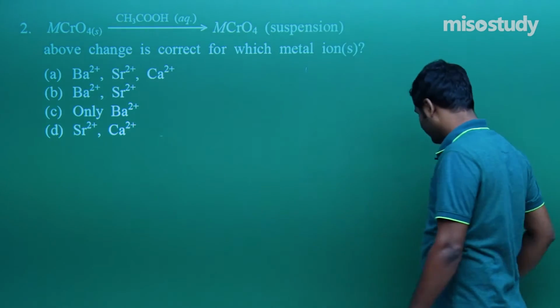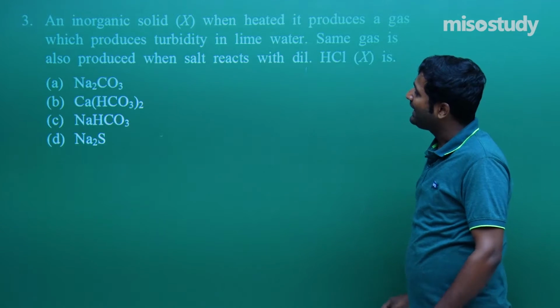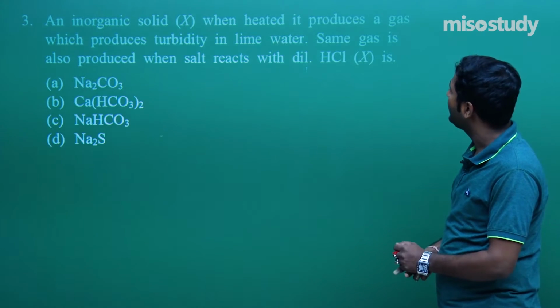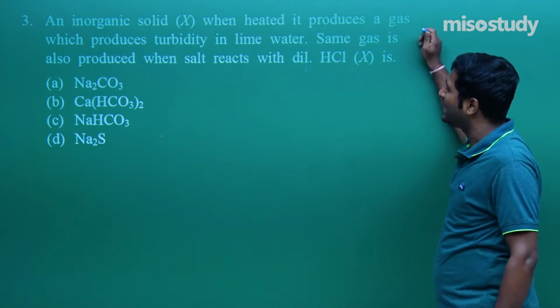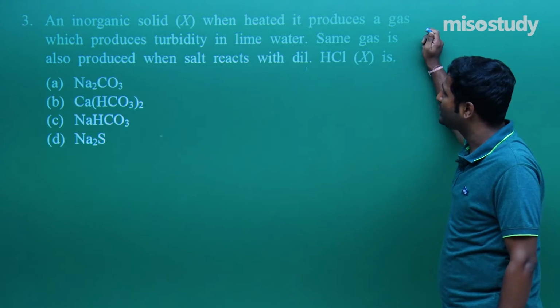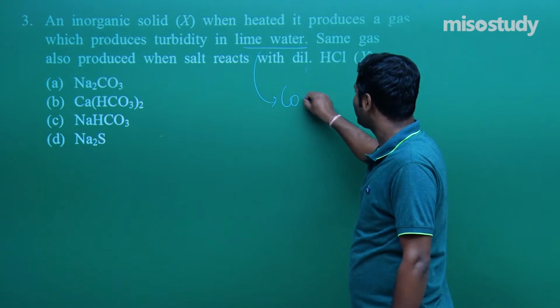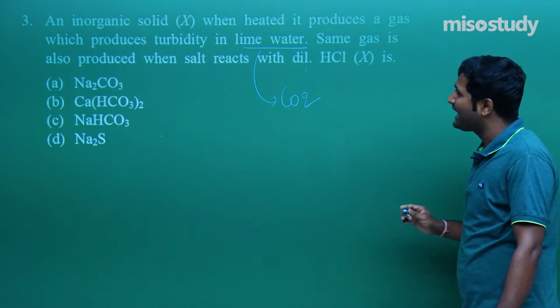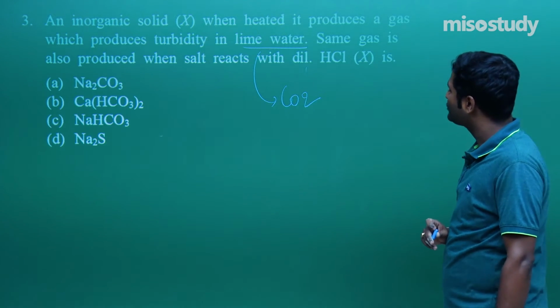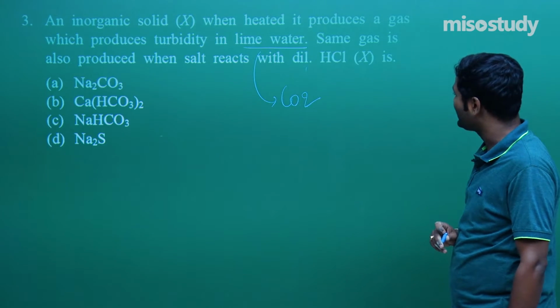The next question: look at an inorganic solid which, when heated, produces a gas which produces turbidity in lime water. Then definitely this is a clue, the gas is CO2. The same gas is also produced when the salt reacts with dilute HCl.